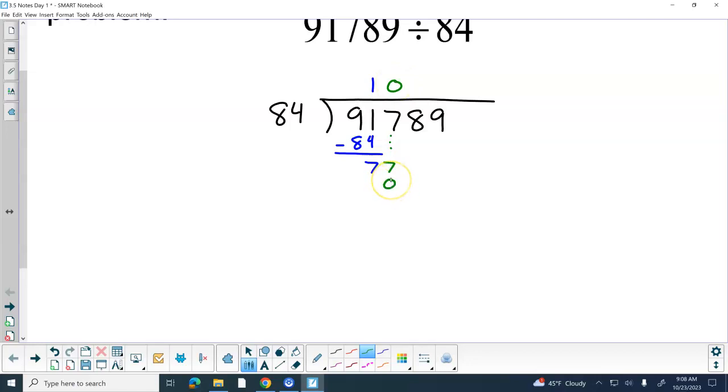Why does 0 go there? That's what I was looking for. We take this number up here and we multiply it by this number, and it goes down there. Okay? Right? So then this becomes 77 still. Now what? Now we drop the 8 like it's hot.